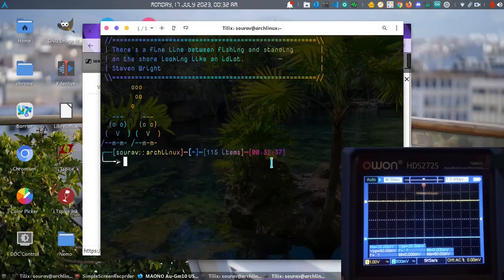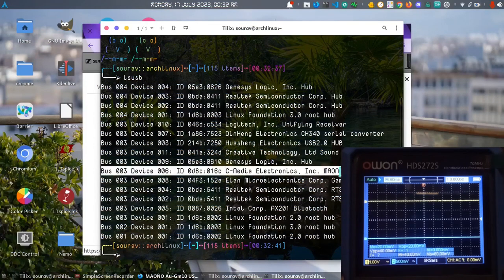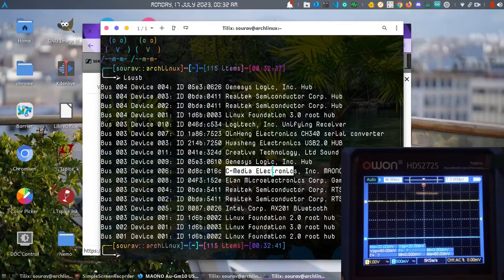If I open my terminal and run the lsusb command, you can see the Maono AU-GM-10 and the C Media Electronics chipset. And Creative makes their own chipset, so we are using the Soundblaster Play 3 chipset from Creative.